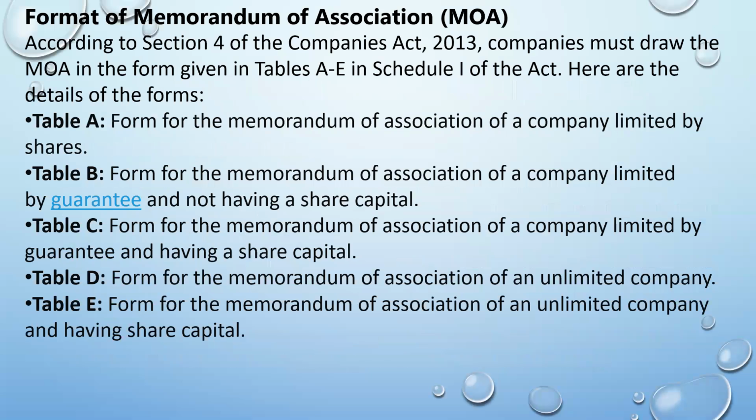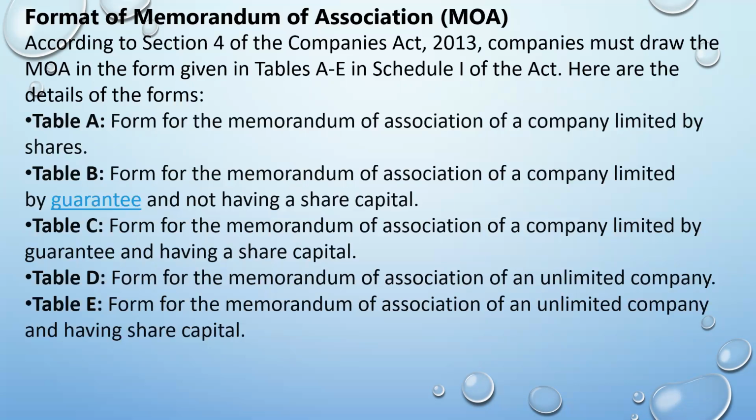Now, let's get into the format of Memorandum of Association. According to Section 4 of the Companies Act 2013, companies must draw the Memorandum of Association in the format or form given in Tables A to E. So I will describe every table in detail, which is given in Schedule 1 of the Act.